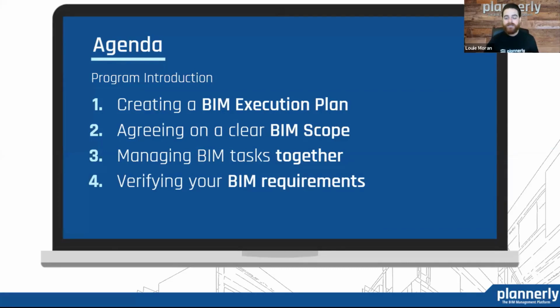That'll be the second part of this session. The third part is managing those tasks. If we created a plan, there are tasks that we need to then manage through the project. Then we want to verify those BIM requirements. We want to make sure that everyone has followed those and we provide good quality models.